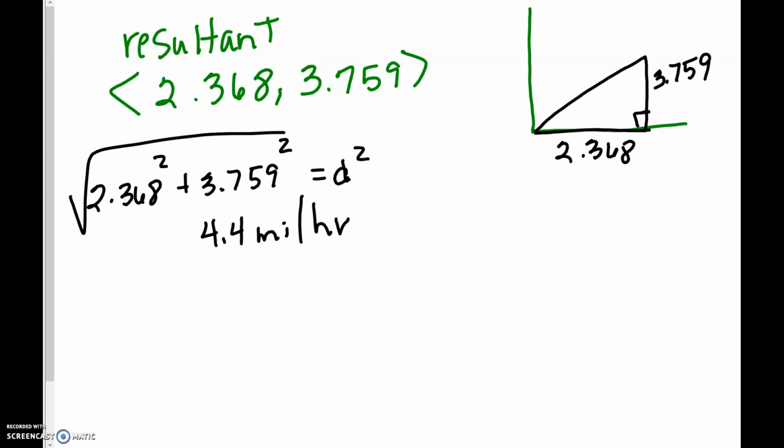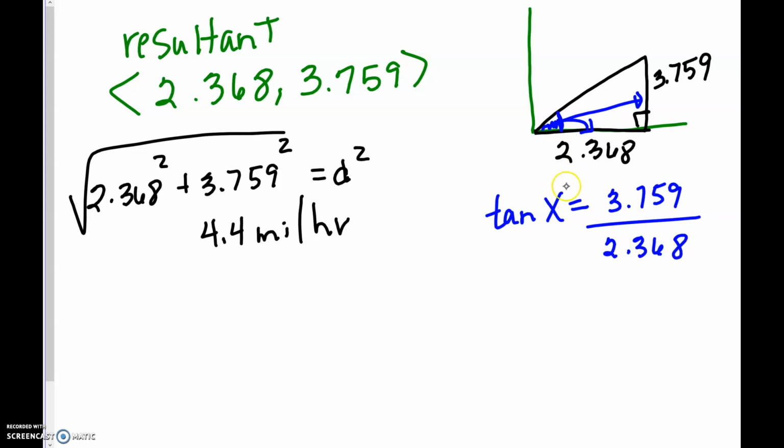Now what they want to know is what is this direction here? What angle is this at right here? From this angle, we have the side opposite and the side adjacent. So that is going to be the tangent, which is the side opposite over the side adjacent.